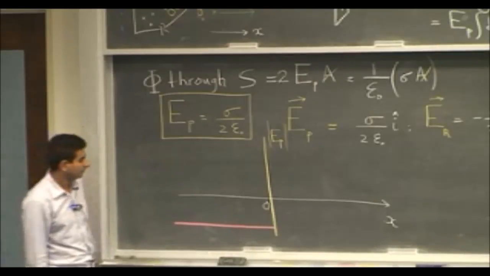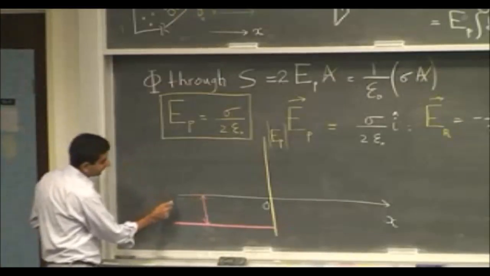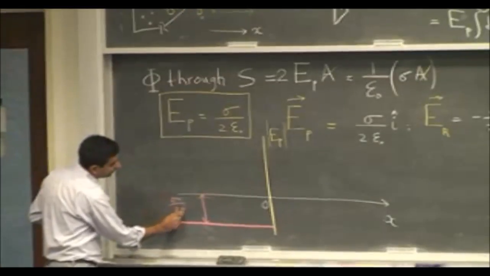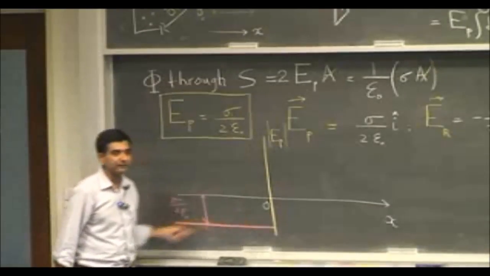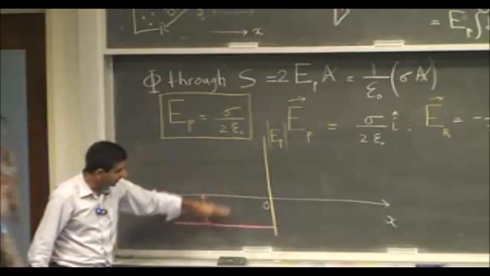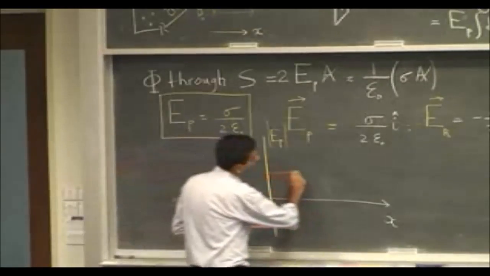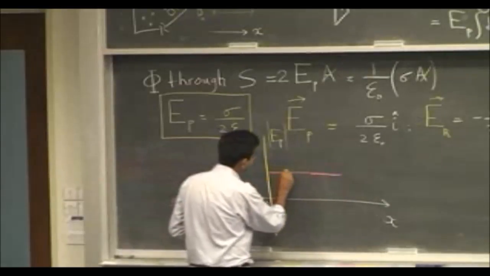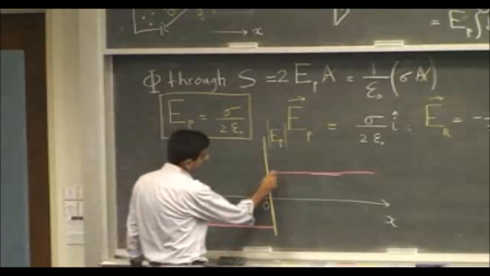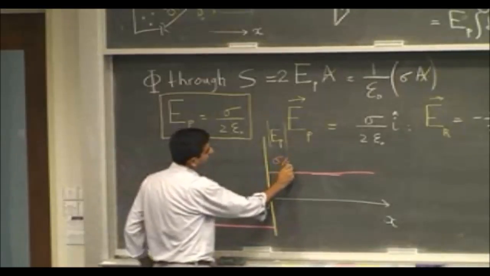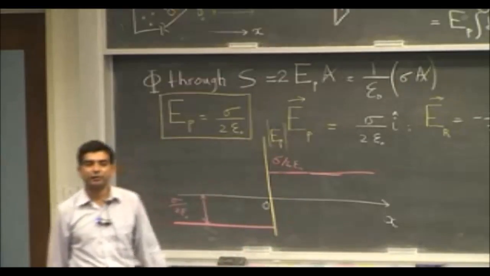Since the electric field is pointing in the other direction, I've given it a negative, and I put it below, in the fourth quadrant. And to the right of this sheet, the electric field is positive, which means it's in the plus x direction, and it has a constant magnitude. This height is sigma over 2 epsilon naught. Do you get this point?